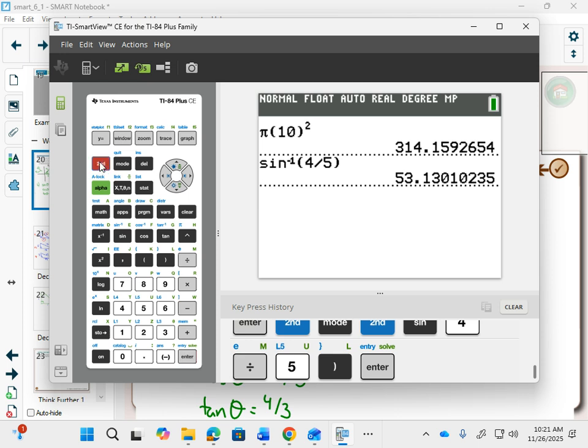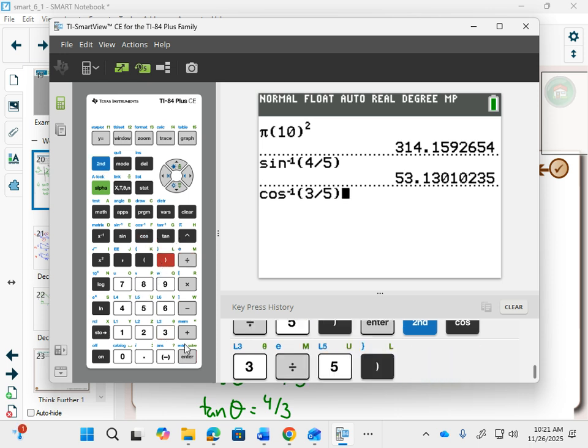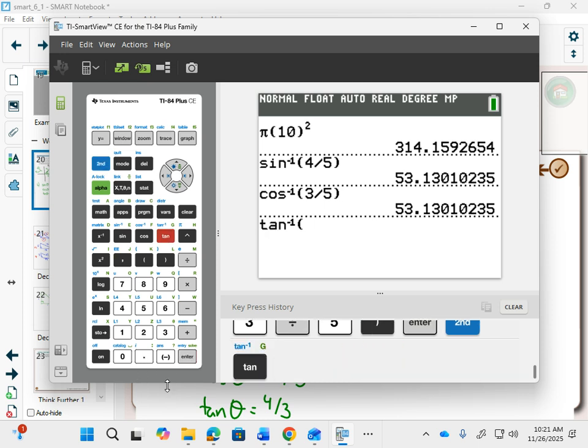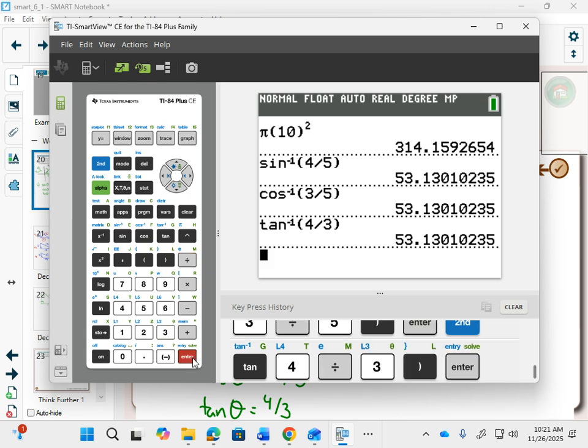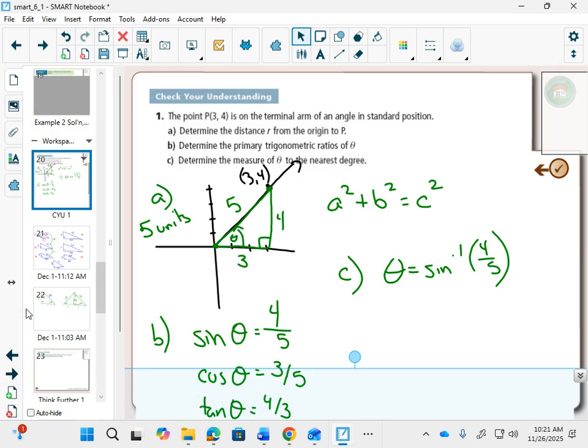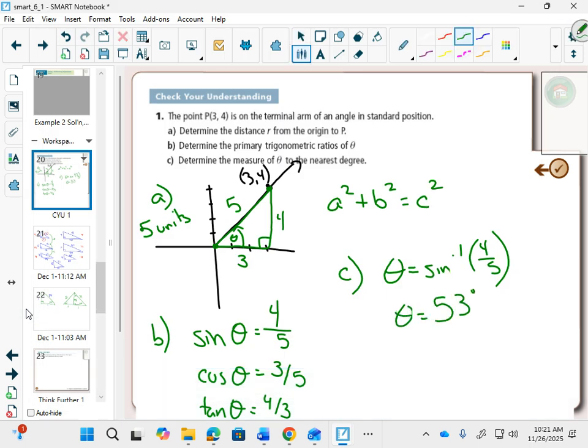Interestingly enough, if I did cos inverse of 3 divided by 5, I get the exact same answer. Or if I had done tan inverse of 4 divided by 3, all three of these would have given me the exact same answer, because it does say to round to the nearest degree. I get 53 degrees.